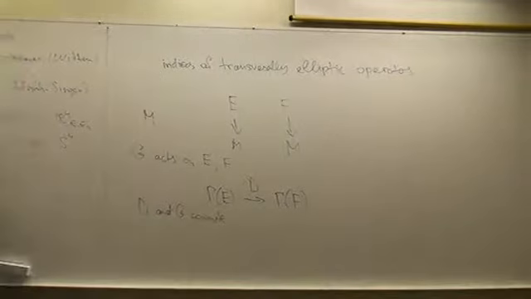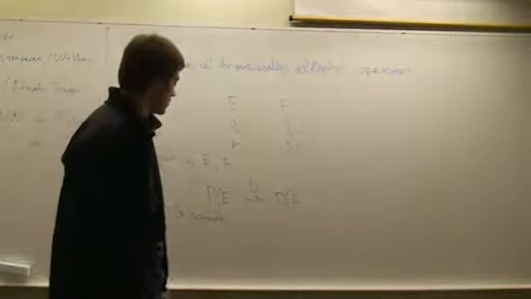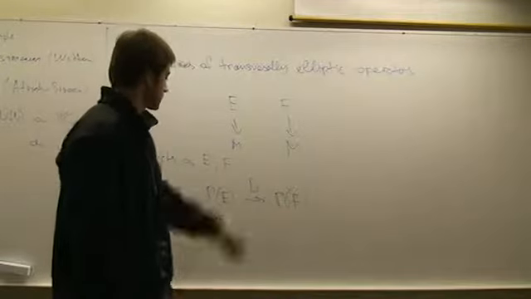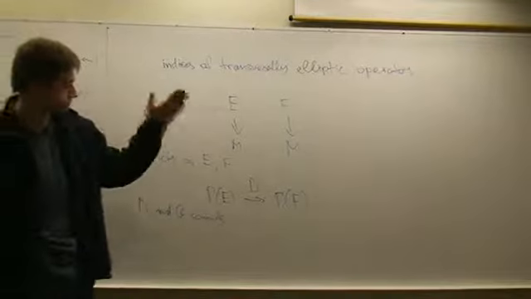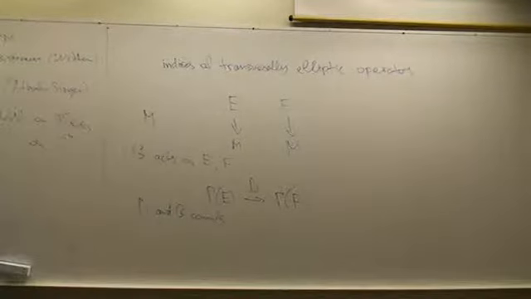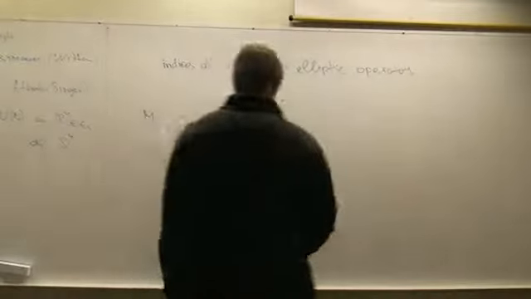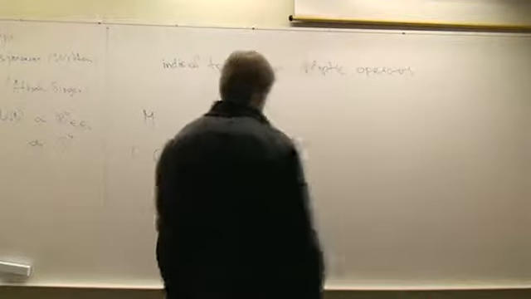Okay. So just, you know, take a familiar example of a differential operator and take a group G such that the differential operator is invariant under the G action. And then what you want to define is the index of the operator.